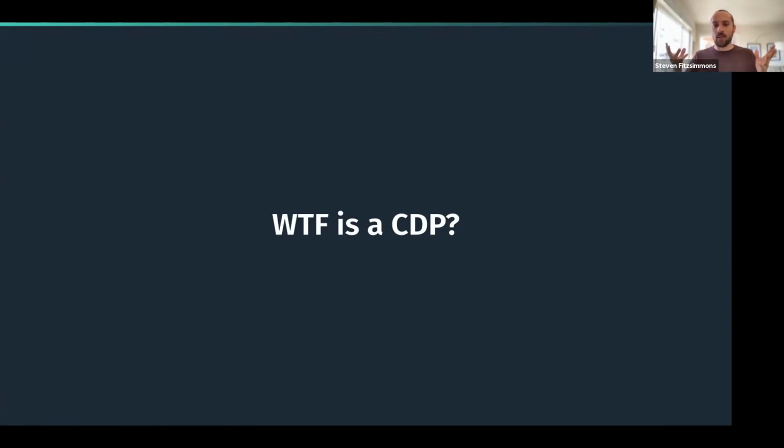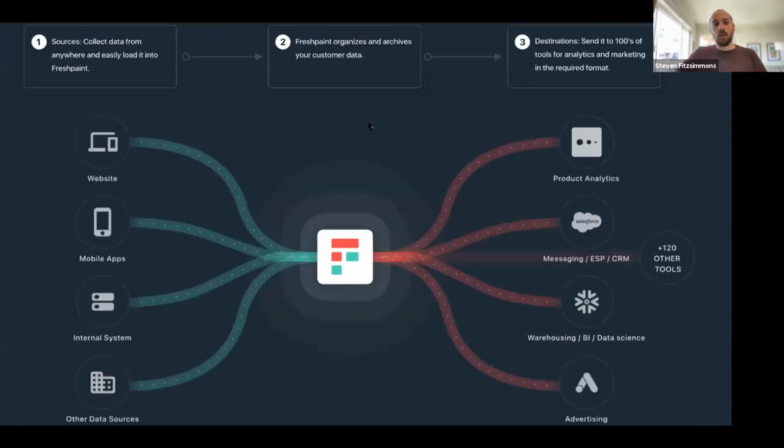First of all, what is a CDP? CDP is a customer data platform. Basically, a customer data platform collects data from your site, your app, your internal systems, centralizes it into one place, organizes it, and then you're able to push that data out to all the systems that consume customer data.